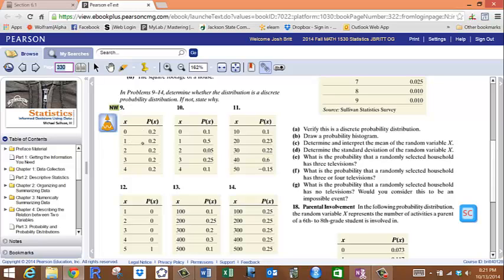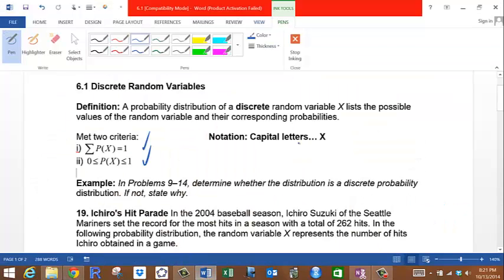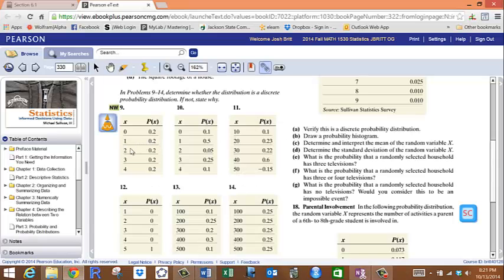And then we've got the probability that, and the way that we write this, let me just show you here. Let's go back over here. For that question number 9, we might say the probability that x takes on the value of 0 is equal to 20%. And that's the same for 1 is also 20%, 2 is 20%, 3 is 20%, so on and so forth.